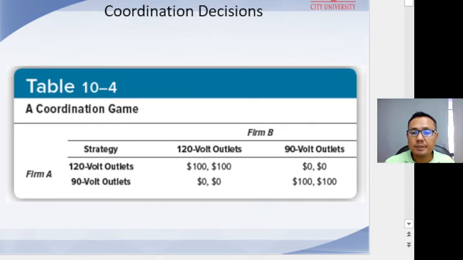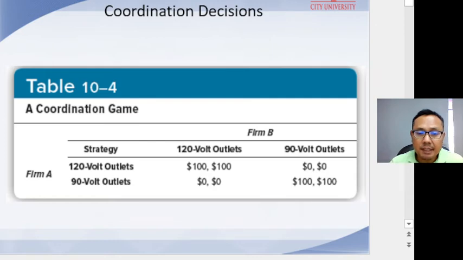So this would reduce the amount that the consumer has available for buying appliances, and therefore would adversely affect the profit of appliance manufacturers. In contrast, if appliance manufacturers can coordinate their decisions, that is, produce appliances that require the same type of wiring, they will earn higher profit.